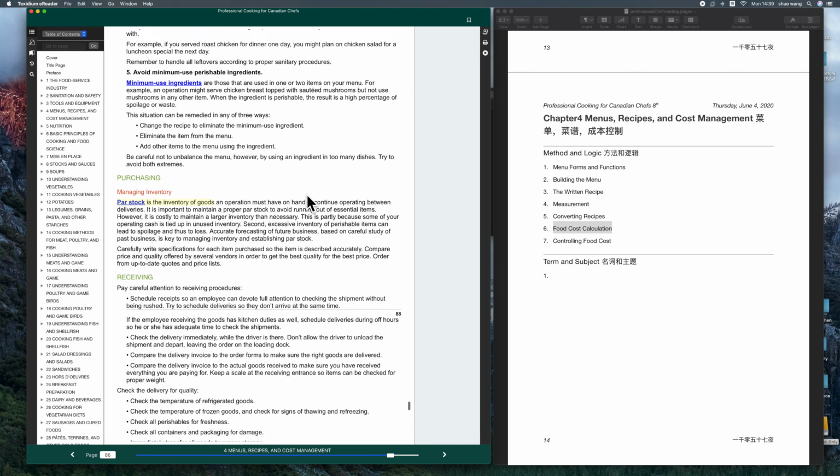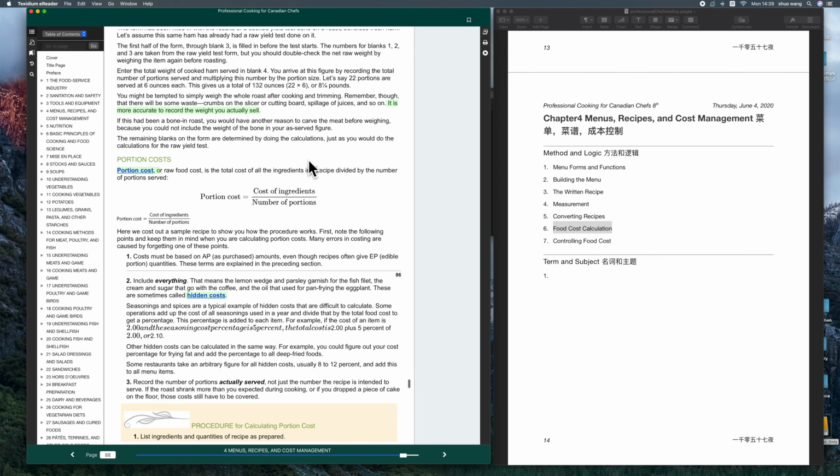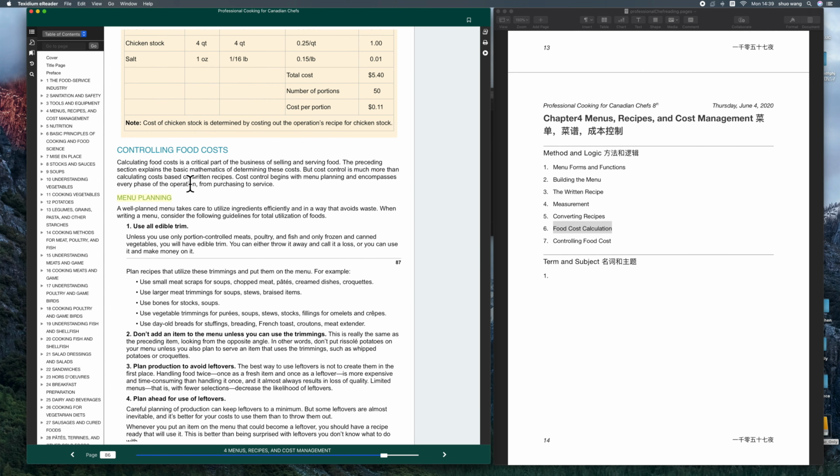，controlling food cost。这个只有2-3页，因为我现在读的已经有点累了，所以我们快一点把这边过一遍。这里边应该会有很重要的一些概念我们要理解。然后前面几部分都是关于数学计算，这个地方我觉得对大家来说不是难点。你真正算的时候，真正管理的时候用到的时候，你去算就可以了。Calculating food cost is a critical part of the business of selling and serving food.